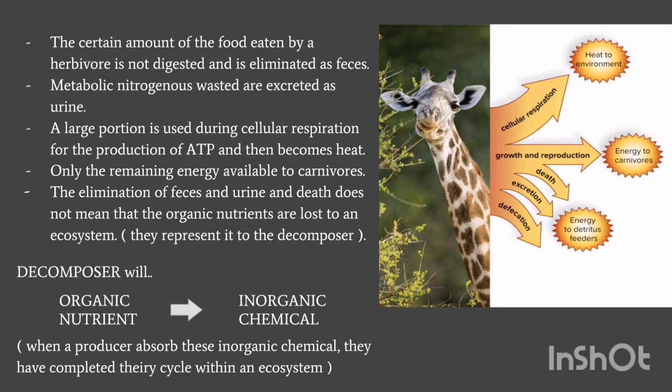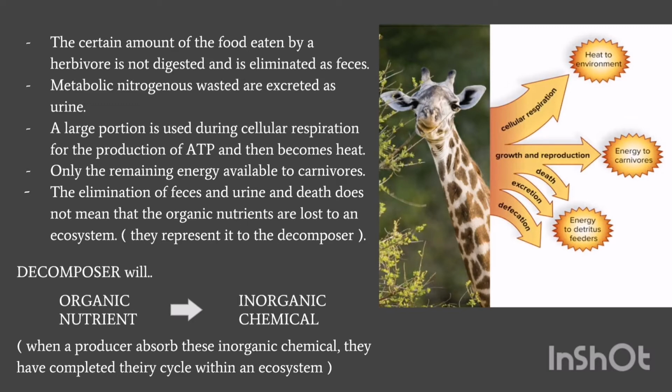So once the giraffe eats, it does not digest some of it and it is eliminated as feces. So decomposers will convert the organic nutrients such as glucose back into inorganic chemicals.